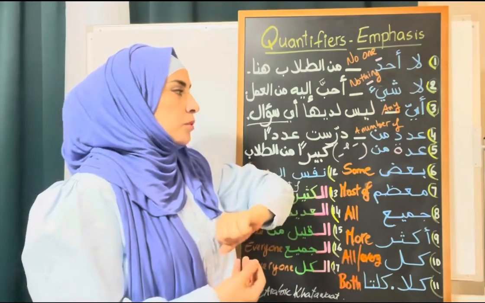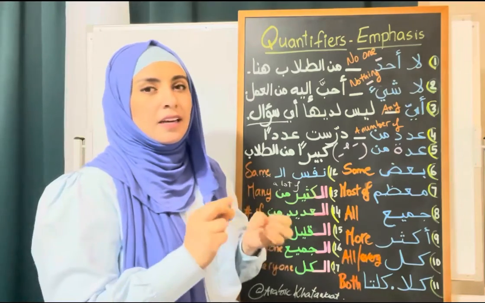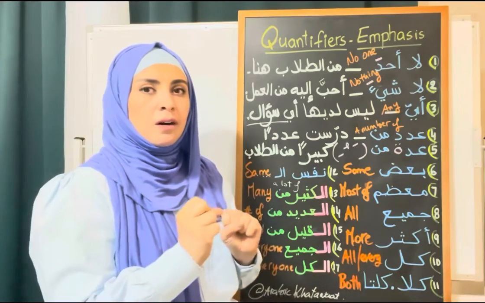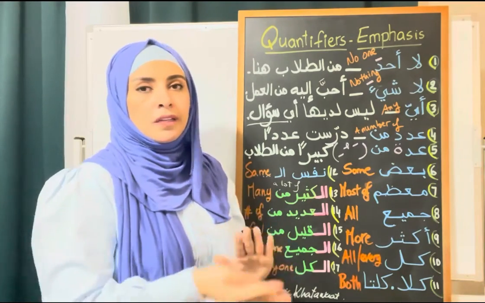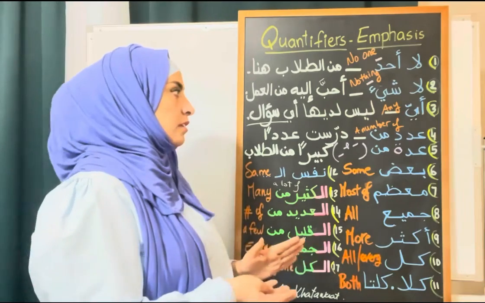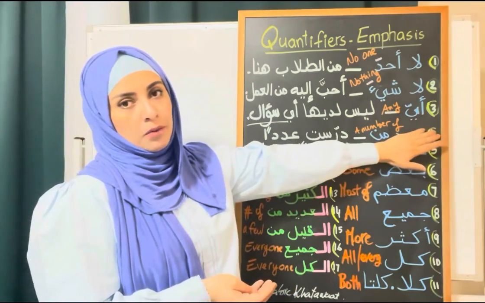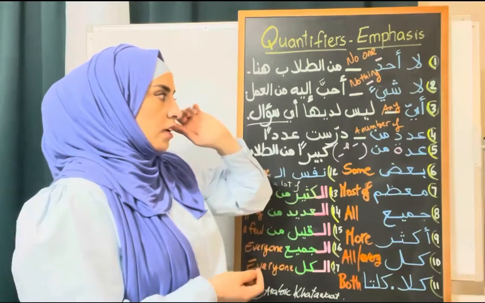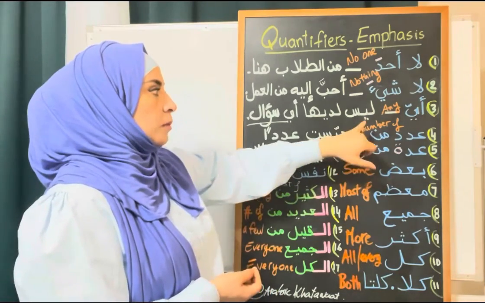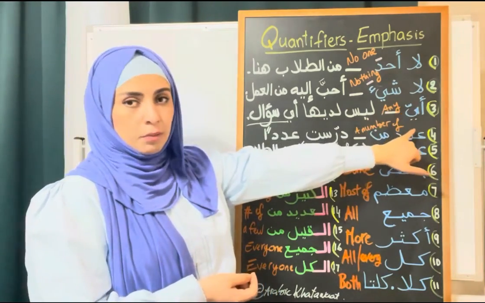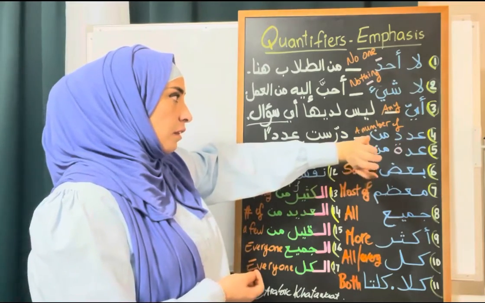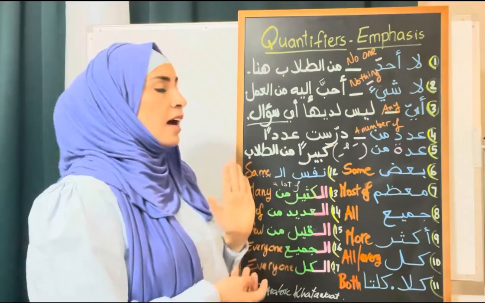The third example is أي, and we learned that it comes with fatha, with kasra, with sukun. It all depends on where you place it in the sentence, and we have a whole lesson about this, and you can find it in the lessons playlist. But I'll give you the example I have here. ليس لديها أي سؤال.